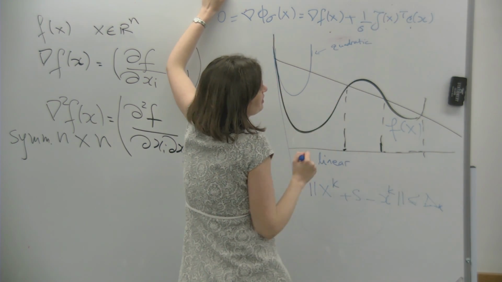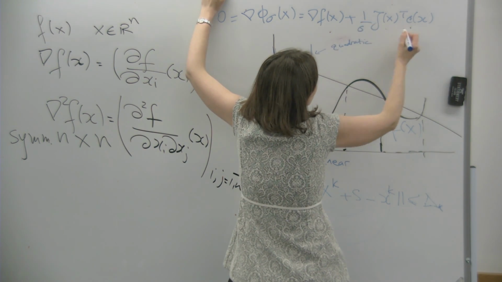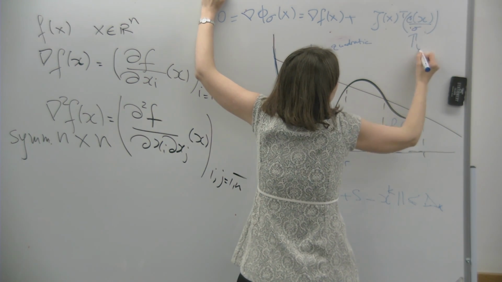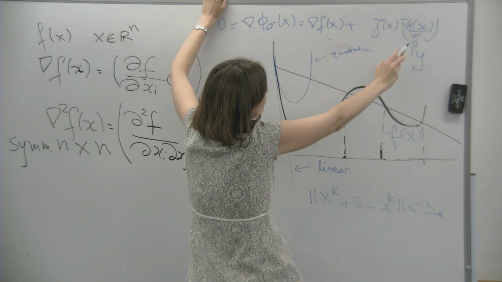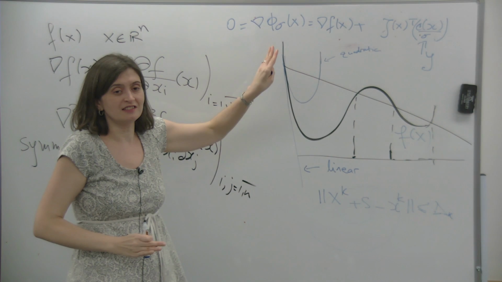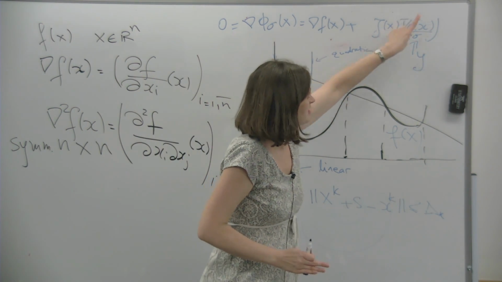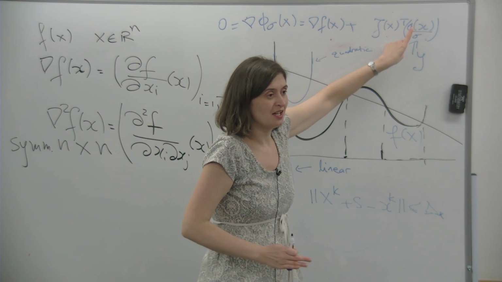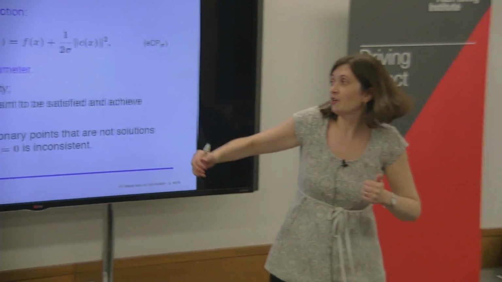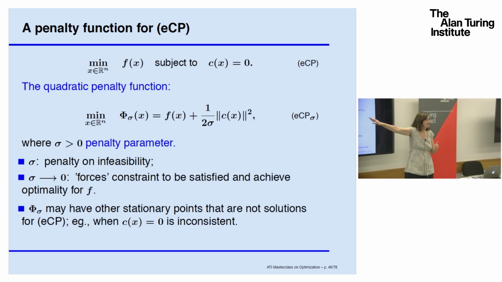J is the Jacobian of my constraints. So if I let 1 over sigma times c be my y, this is exactly the gradient of the Lagrangian being 0 at x, where y is estimated by this quantity here. So the first condition of KKT is satisfied by stationary points of phi.